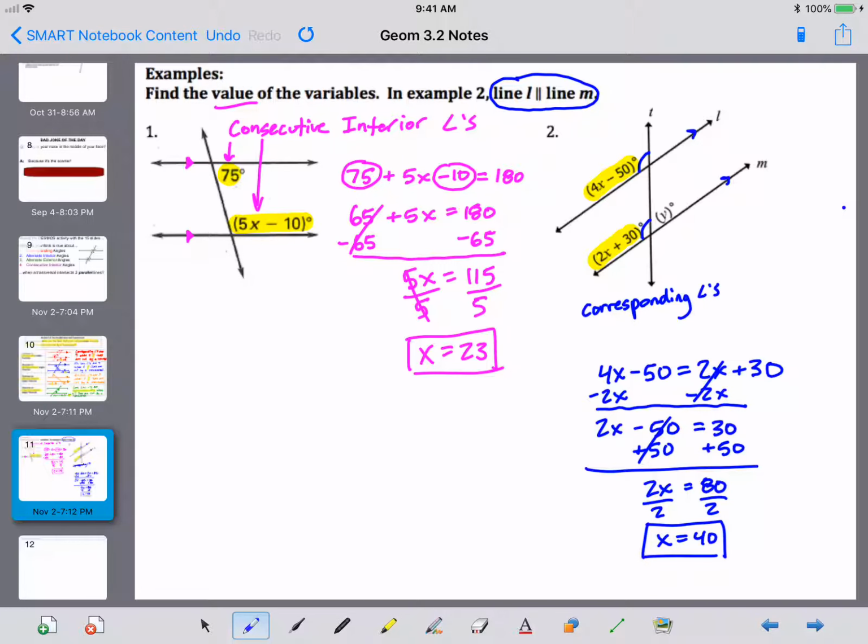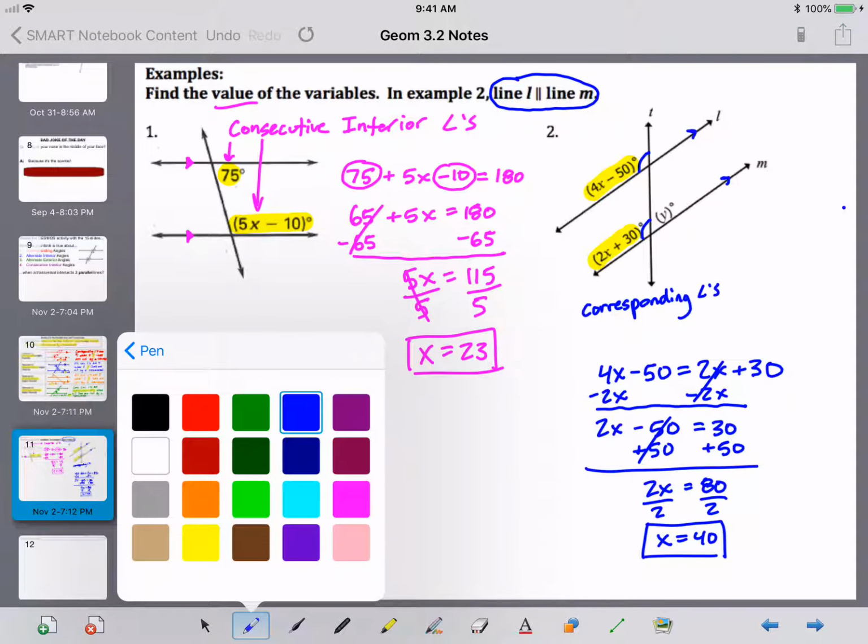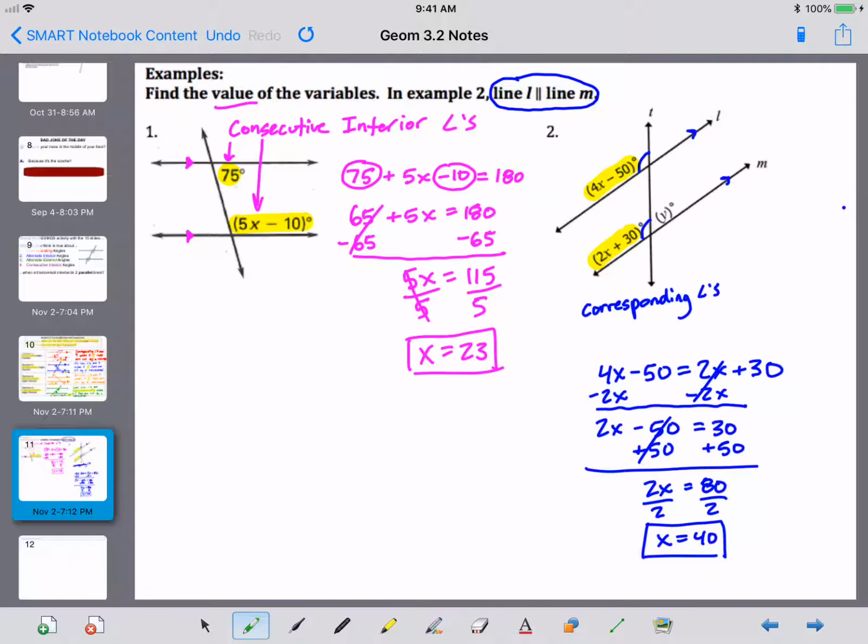So we found x. We do still have to go back and figure out what y is. So with this one, I don't really have a whole lot of information to find angle y. So what I notice is that if I plug in x right here, 2 times 40 plus 30, well, that's 80 plus 30.